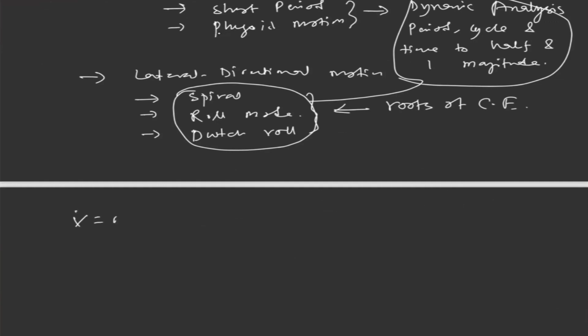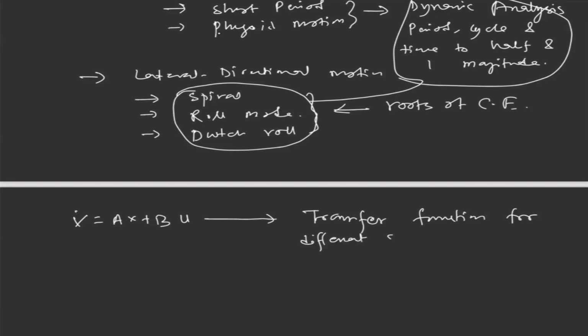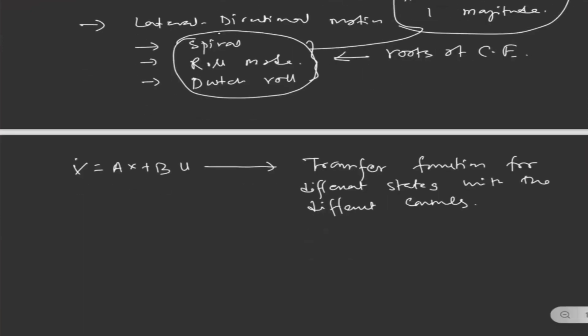Then we discussed how we can come up with the transfer function from the state space model, x dot equals Ax plus Bu, for the different states with the different controls. Here we used two methods.